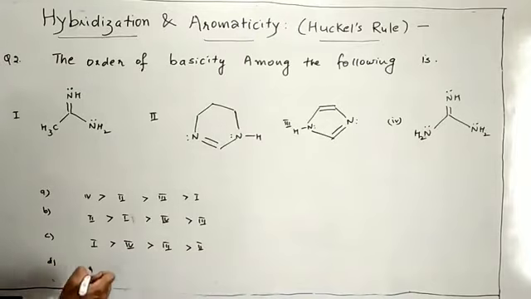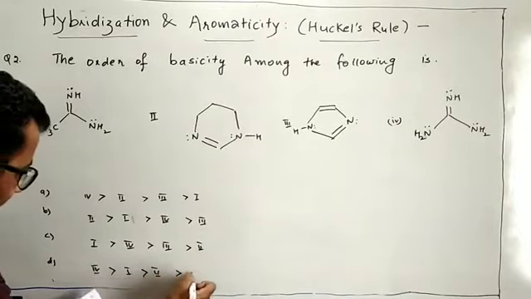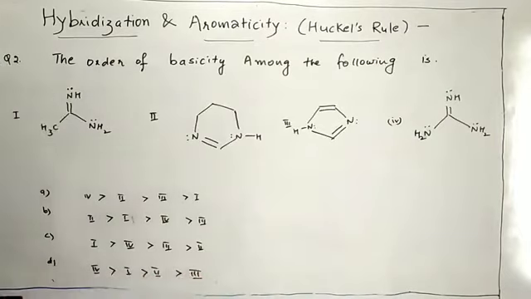And the last option is option D, 4, then 1, then 2 and then 3. So these are the options given, and you have to find the order of basicity.